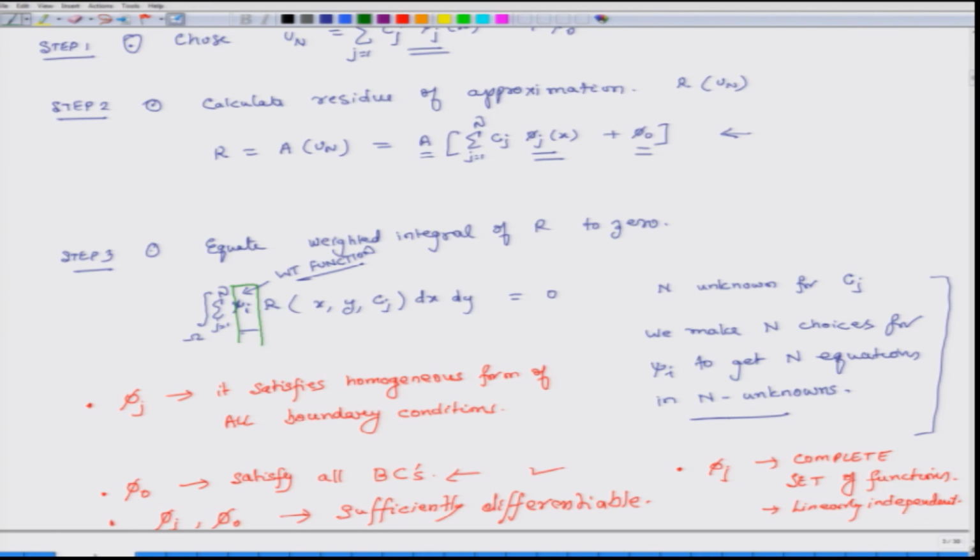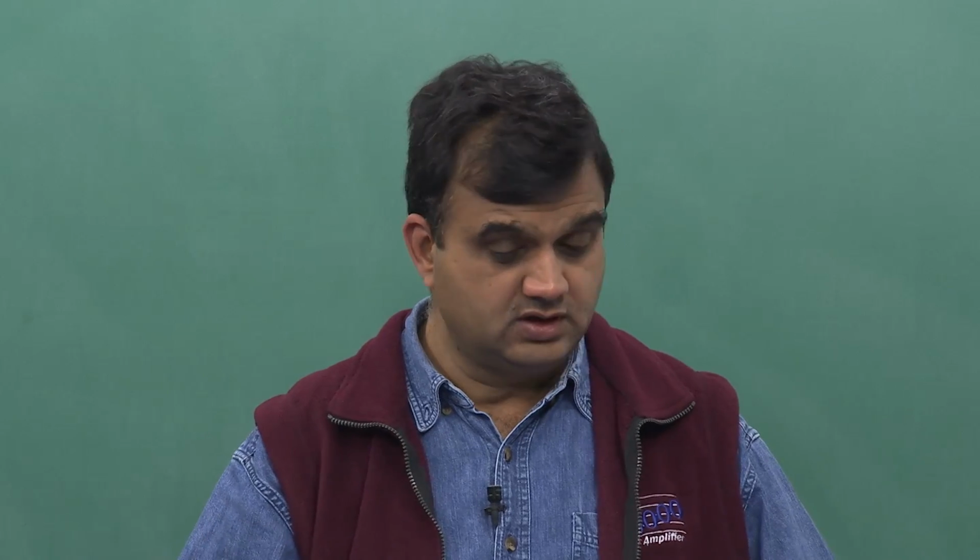So far we have not discussed which kind of weight functions we should be choosing. They will be associated with different solution methodologies, and we will discuss all these different flavors of the weighted residual method in the next lecture.